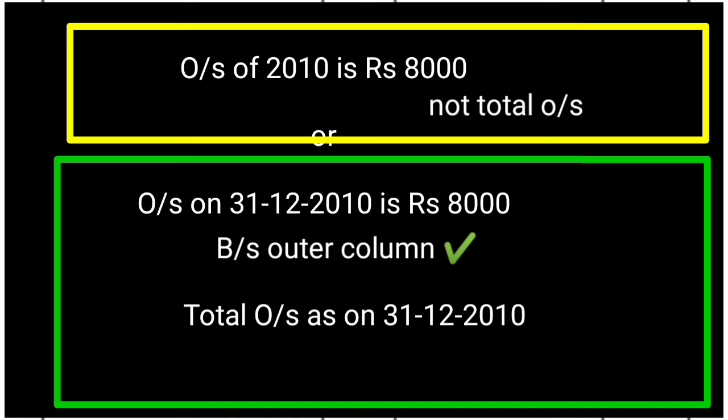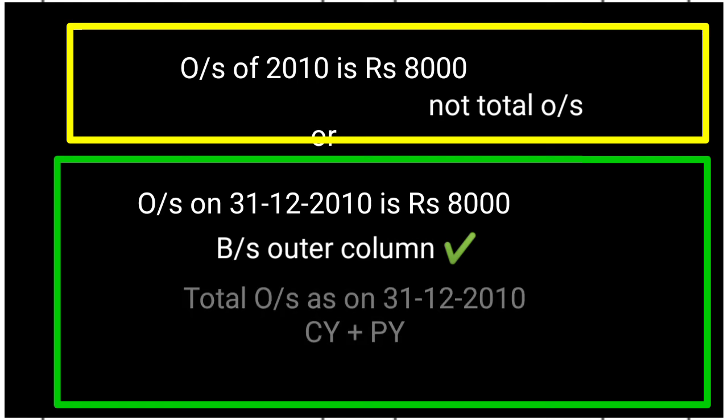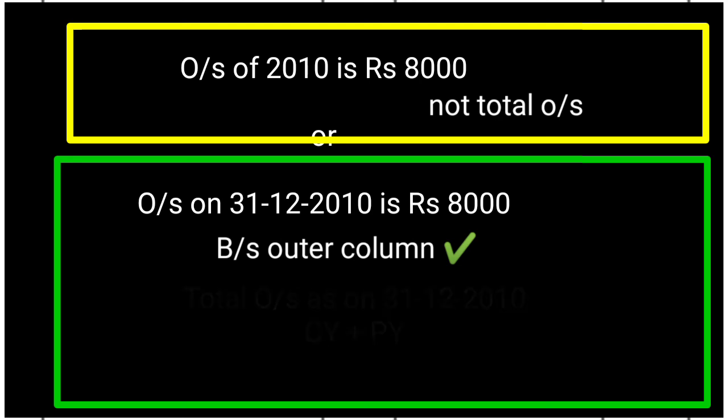But outstanding on 31st December 2010 rupees 8,000 means 8,000 is the total outstanding amount as on 31st December 2010, the outstanding of the current year plus the outstanding of the previous year. This 8,000 should reflect in the balance sheet outer column.